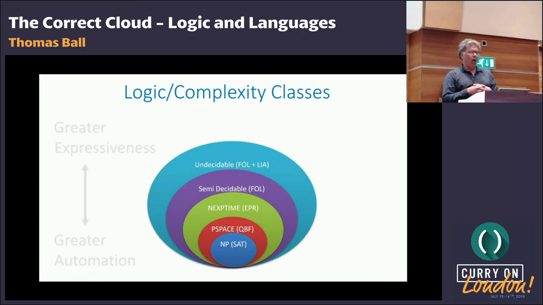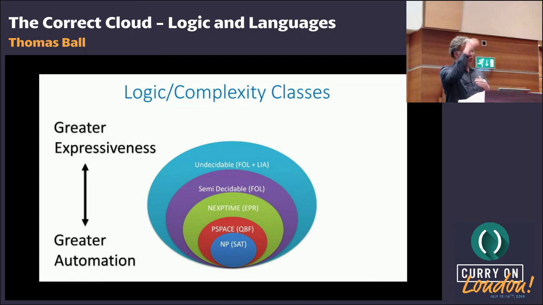And because of this hierarchy, we have a trade-off between less expressive languages, like propositional logic at the bottom, for which we have a lot of automation, like SAT solvers, and greater expressiveness of logic higher in the hierarchy, but we have undecidability, so we need some way of coping with that if we want to do proofs of systems in more complex classes.